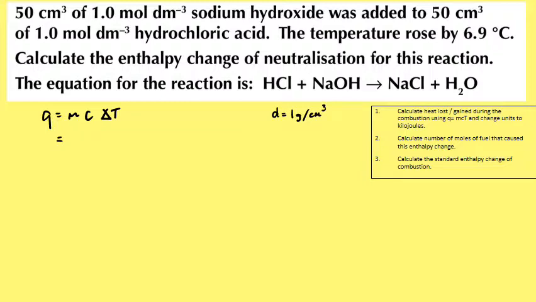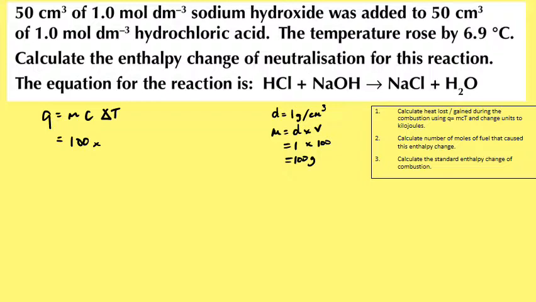If you don't, it's worth remembering, which means that the mass is going to be the density times the volume, with the density being 1 gram per cm cubed, and the volume being the 50 cm cubed of sodium hydroxide plus the 50 cm cubed of hydrochloric acid. All right, so together that's 100. So the mass is 100 grams. So we're going to put 100 in for our mass.